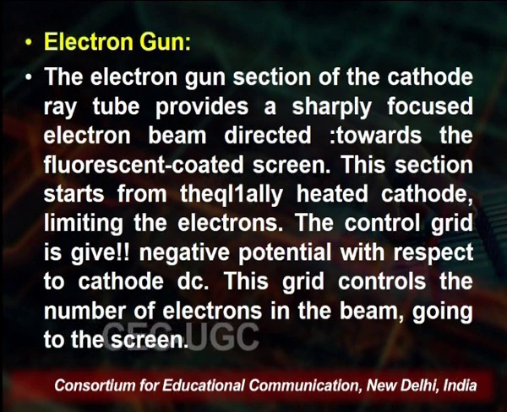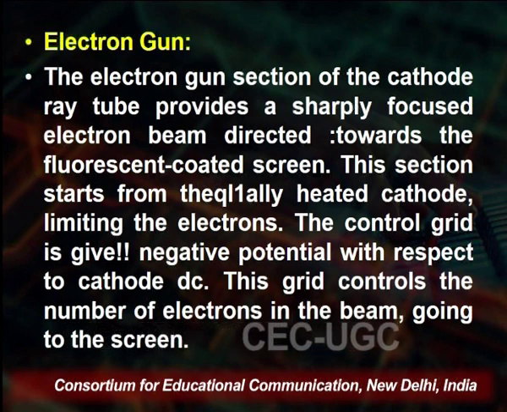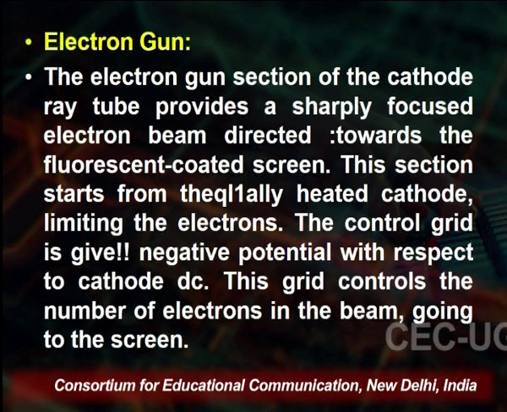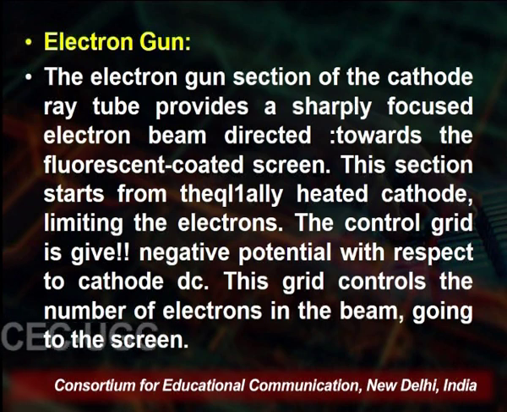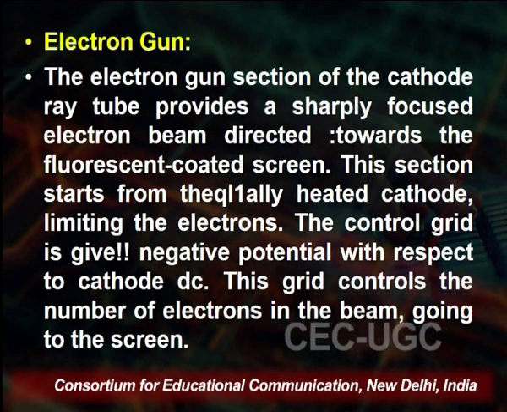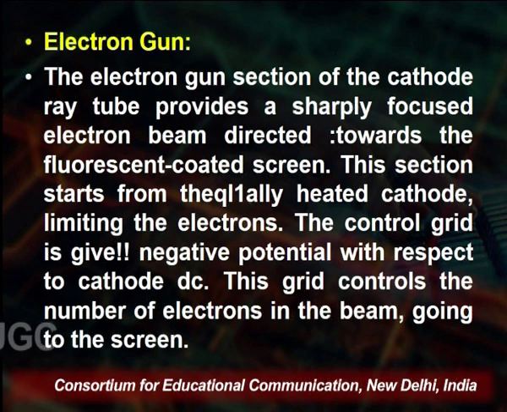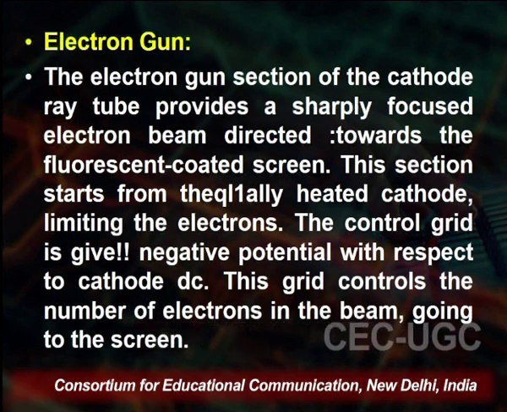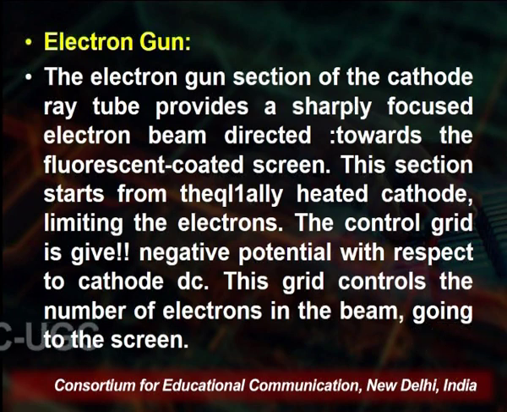This section starts from the heated cathode and then has the limiting electrodes. The control grid is given a negative potential with respect to the cathode, and this grid controls the number of electrons in the beam going towards the fluorescent screen.